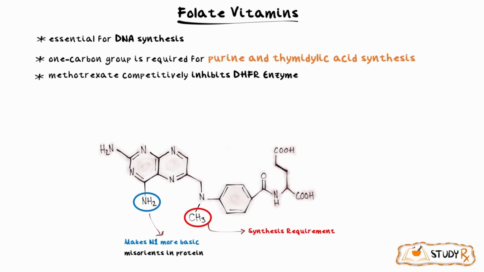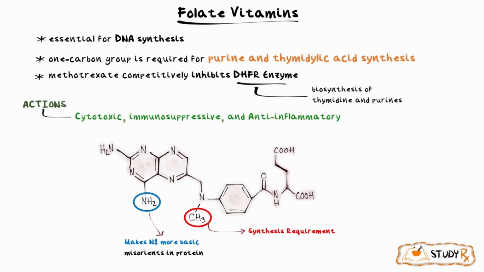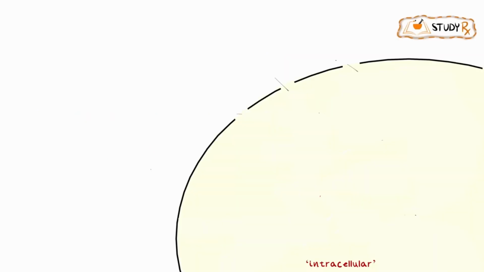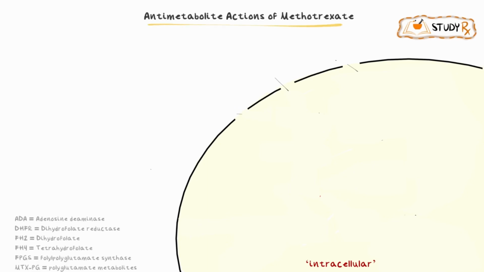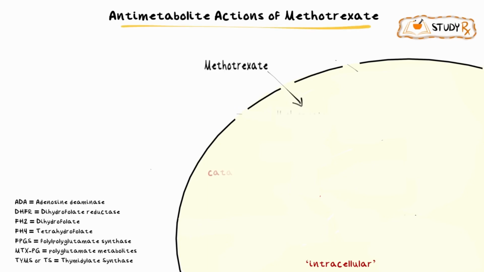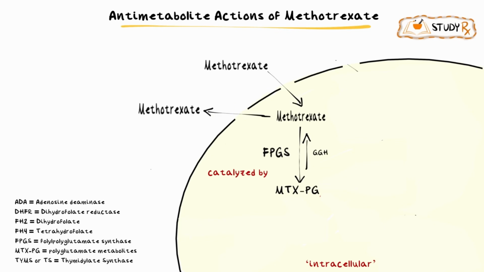It's an enzyme that is important for biosynthesis of thymidine and purines. Actions of methotrexate are cytotoxic, immunosuppressive, and even anti-inflammatory. The intracellular formation of methotrexate polyglutamate metabolites, abbreviated as MTXPG, is catalyzed by folylpolyglutamate synthase, FPGS.